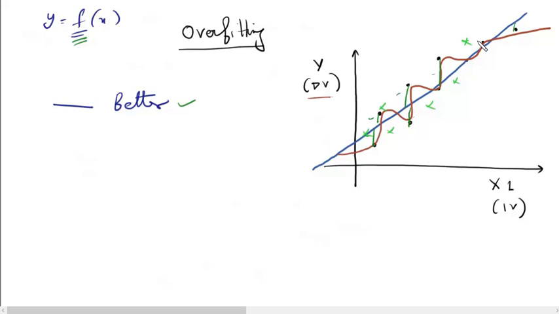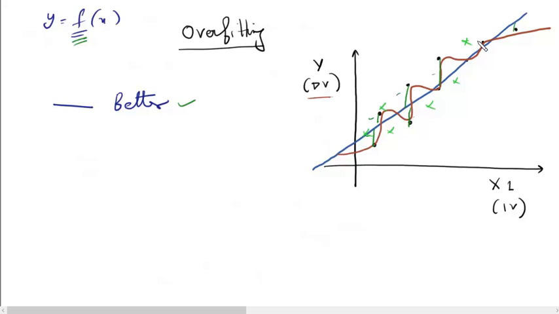Whereas the blue line definitely has some error on the training data points and also some errors on the test data points, but the errors will be smaller because it is a simple line. It almost touches all the data points but never has an error of zero. So even in the test data, it will almost touch the data points but will never have an error of zero.